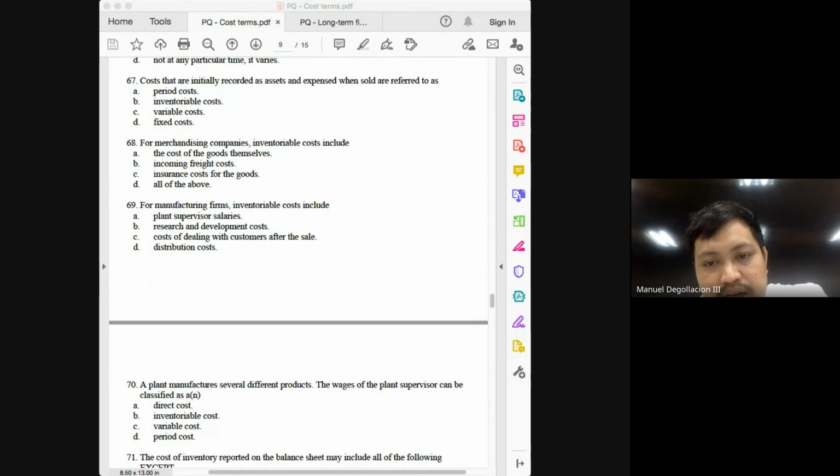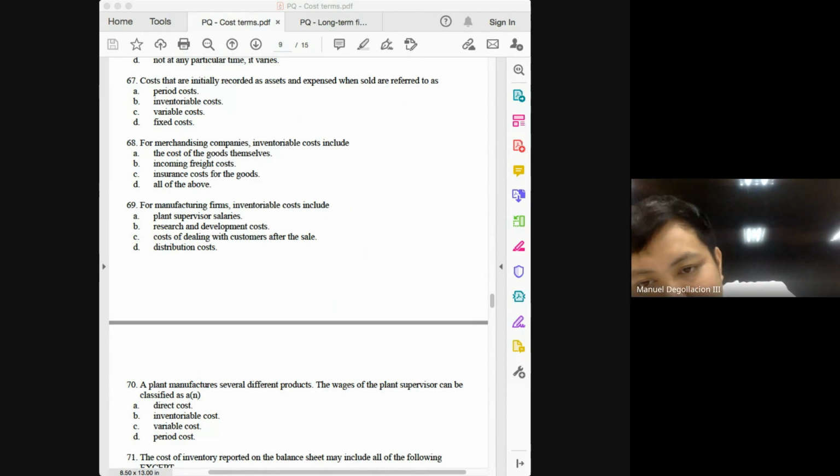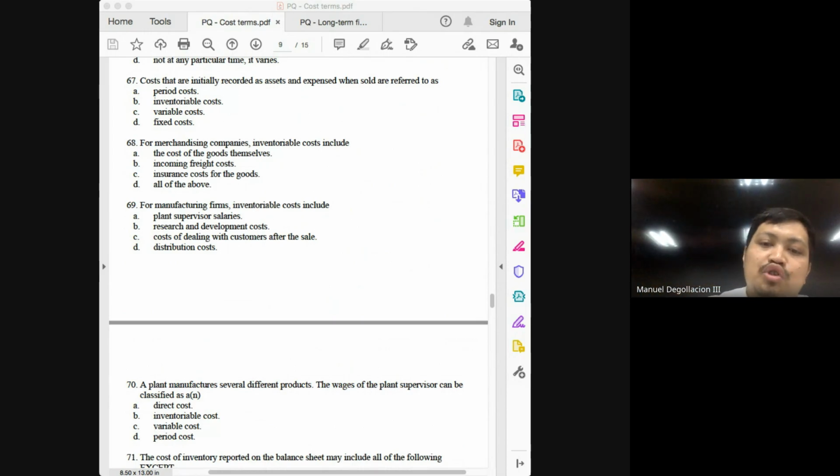Plant supervisor, class, will be inventoriable, but just to be sure, go over all the other choices. R&D may be period costs. Cost of dealing with customers after, again, after sale costs will not be inventoriable. Distribution costs are also after production, class, so not part of your inventoriable cost. So the answer here would be letter A.